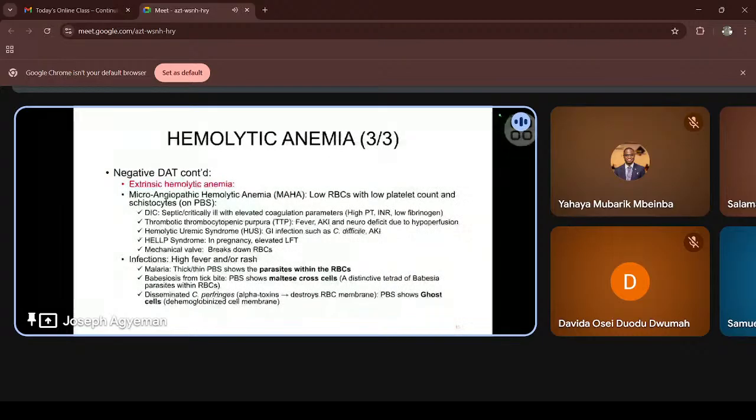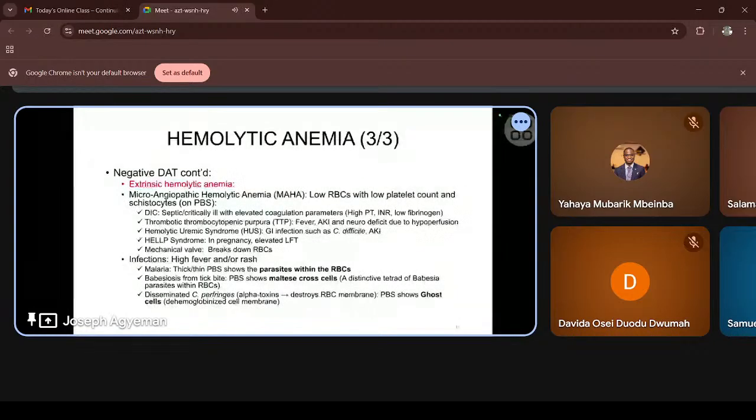So shattered red blood cells on peripheral blood smear. So when you have low RBCs with thrombocytopenia, and on peripheral blood smear you see shattered red blood cells and markers of hemolysis present, suspect any of the microangiopathic hemolytic anemias.